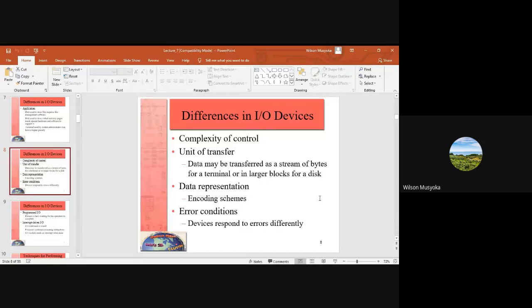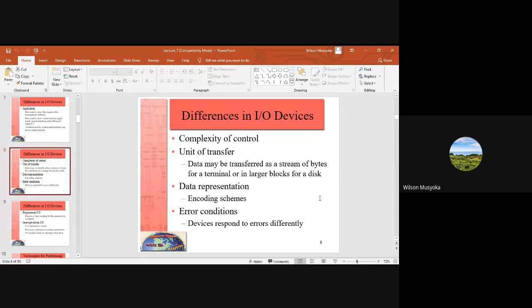And then we also look at where the complexity of management comes in. How does the operating system help the user in managing these devices? One of them is data transfer. Most of them have different units of data transfer.